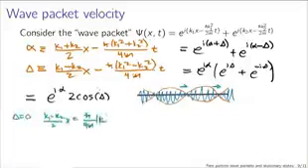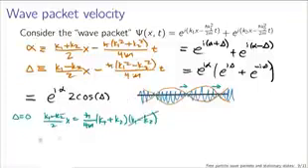I'm going to look at this as the difference of two squares, which I can factor, k1 plus k2 times k1 minus k2. I can then cancel out this and this, and what I'm left with is just x over 2 equals h bar over 4m times (k1 plus k2).